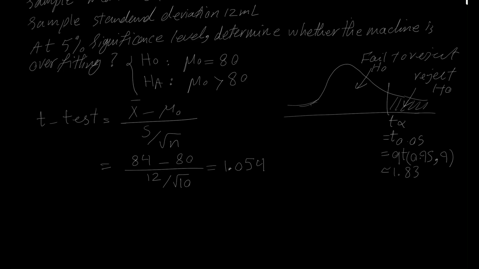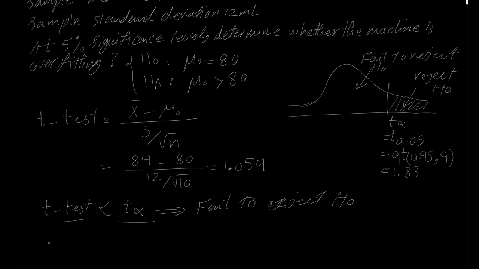So one approach is, because the test statistic is less than T of alpha, then we fail to reject the null hypothesis. Another approach, instead of comparing the test statistic with T of alpha, is to compute the p-value.